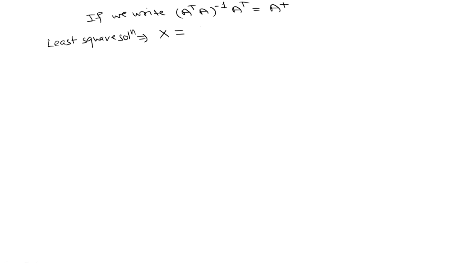If we write A transpose A inverse into A transpose as A plus, then the least square solution is given as x equals A plus b, where this A plus is A transpose A inverse into A transpose.